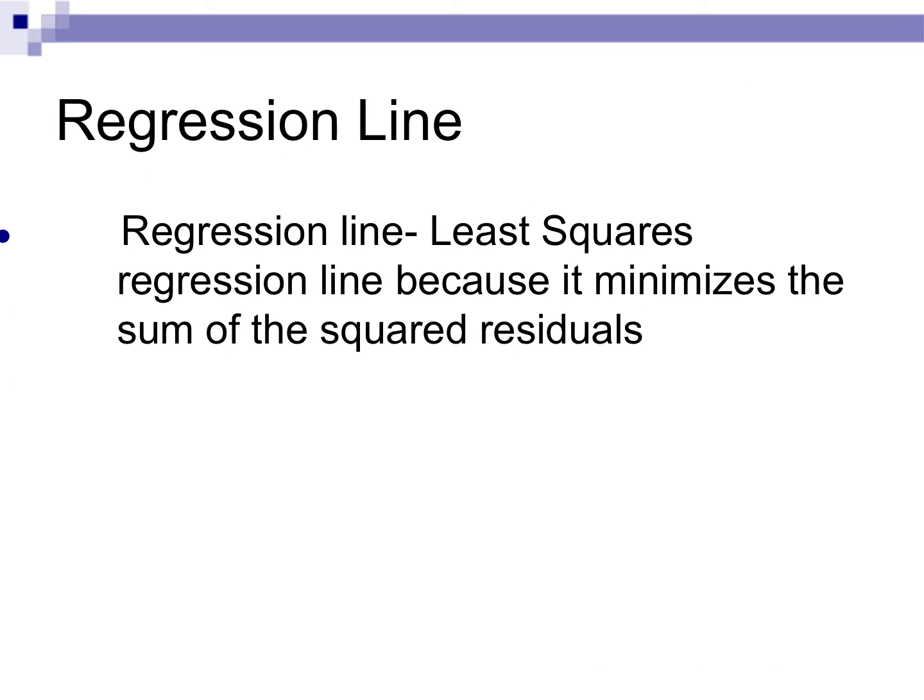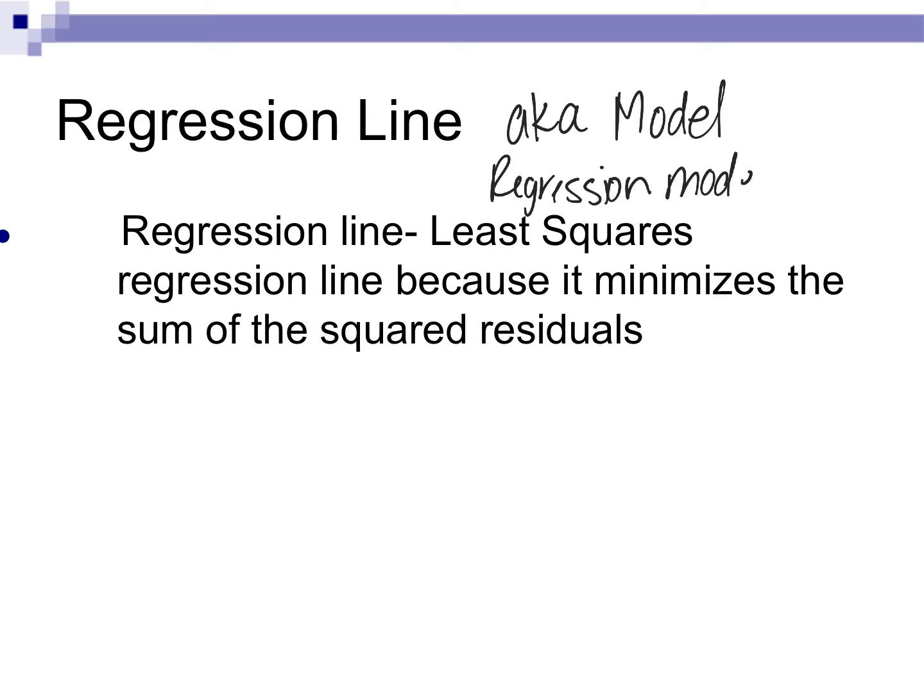So the regression line, also known as the model, the regression model, is called the least squares regression line because it minimizes the sum of the squared residuals.